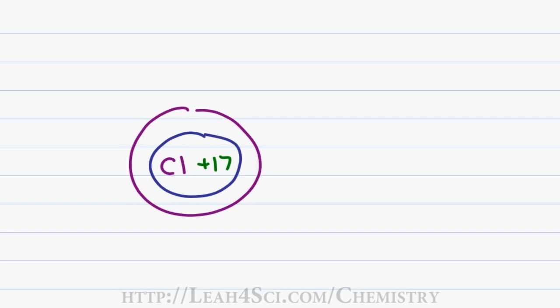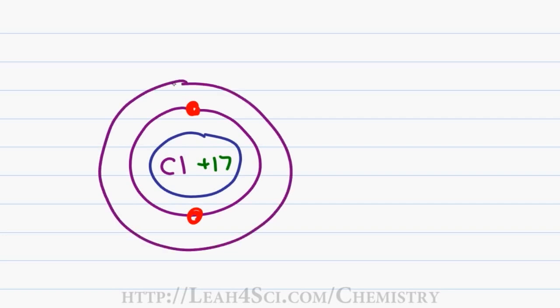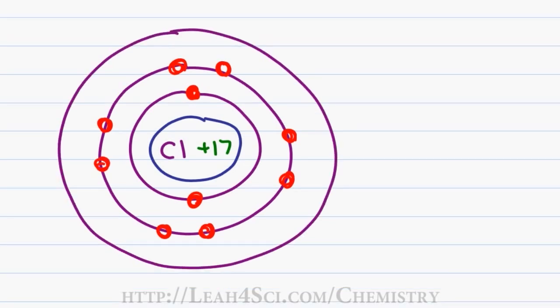Then the second shell is going to have 8 electrons. That's how we distribute them. 2 plus 8 is 10. The outermost energy level, the third one, is going to have 7 electrons.